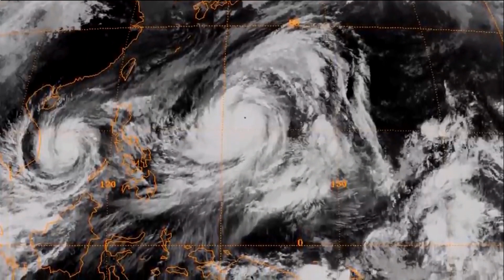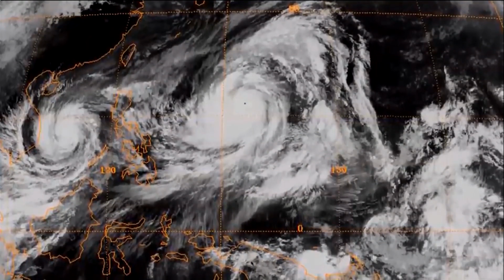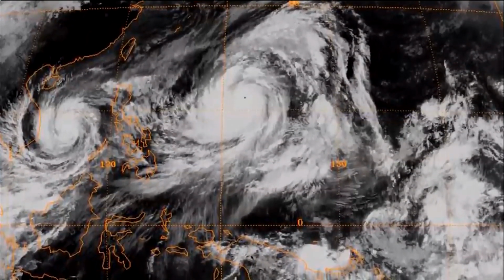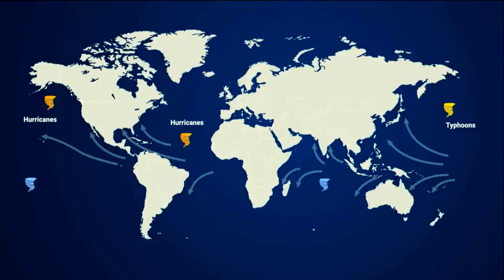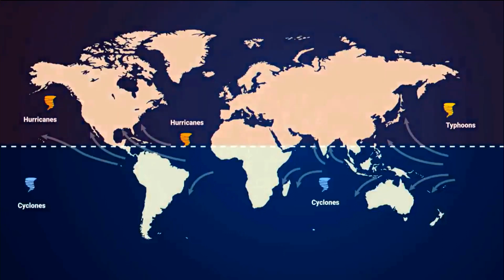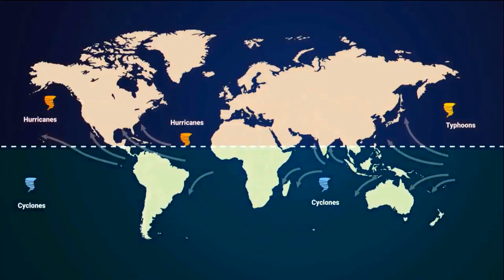Cyclones mainly affect the habitat, various aspects of human constructions, and even lead to the destruction of not only man-made but also natural life.